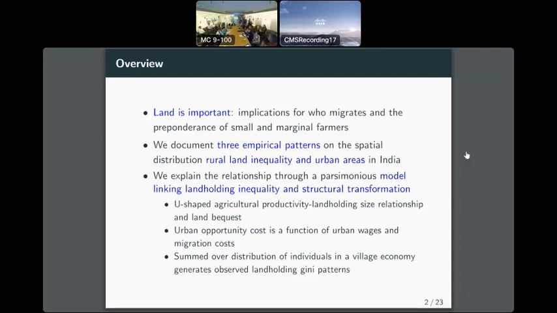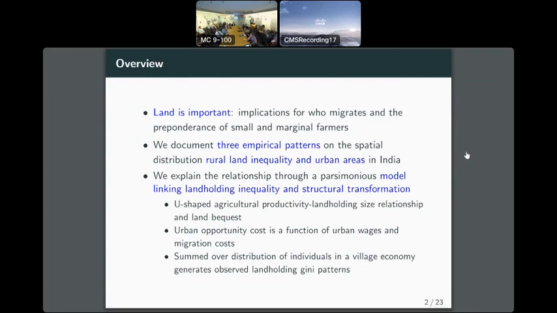Using these empirical patterns, we build a simple parsimonious model with what I think is a minimal set of assumptions to link this landholding distribution with the process of structural transformation and how the distributional consequences could have potential implications for moving people out of the primary sector or agriculture sector to manufacturing and to urban areas of high productivity.